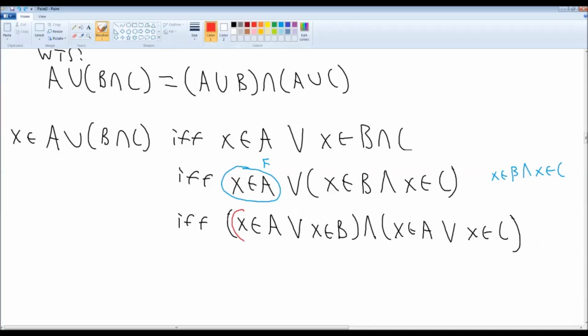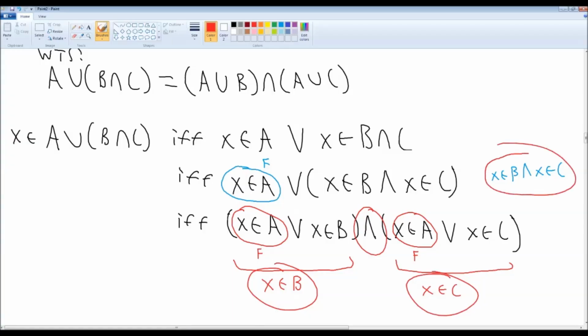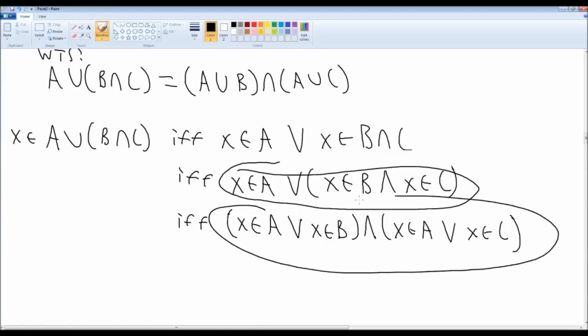Well, if both these guys are false, then this left part here, false or X is an element of B, just simplifies to saying X is an element of B. And then this part, false or X is an element of C, just simplifies to saying X is an element of C. So this whole thing simplifies to X is an element of B and X is an element of C, which notice it's the same as this. So in either case, we see these guys have to be logically equivalent.